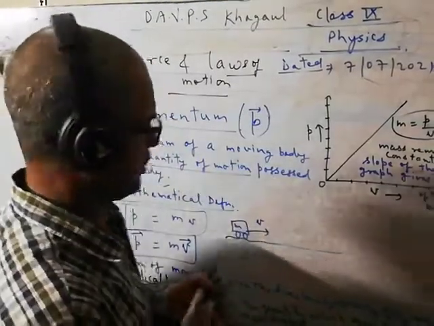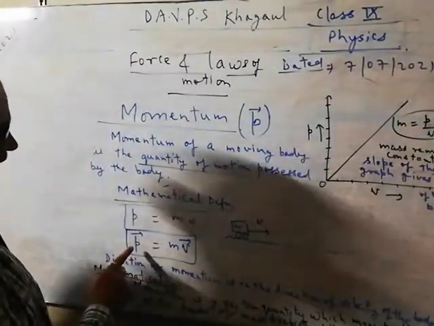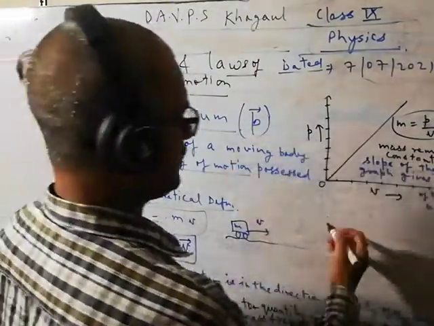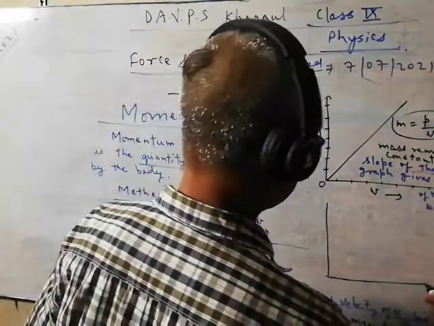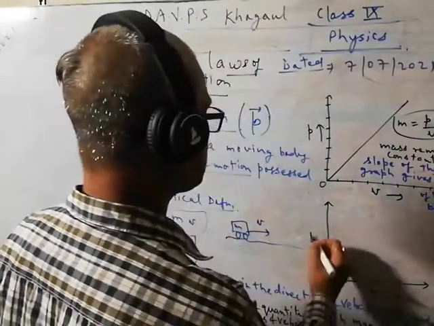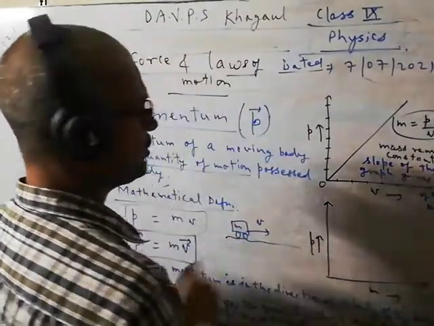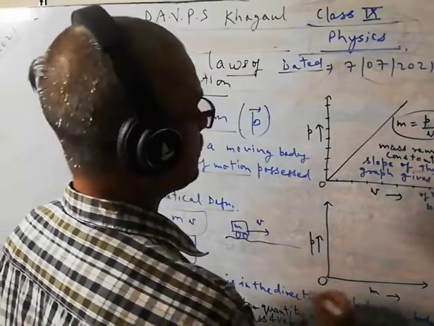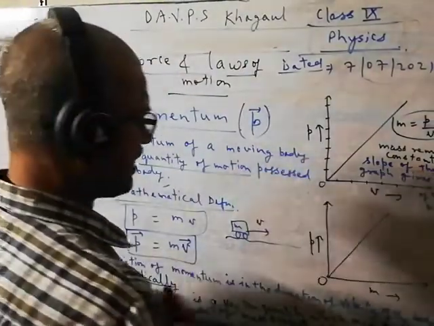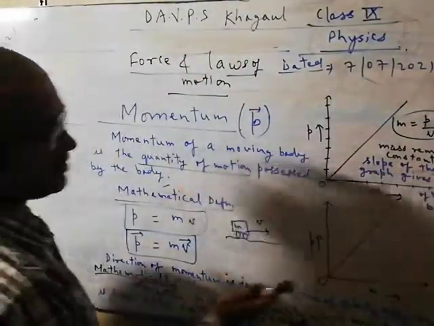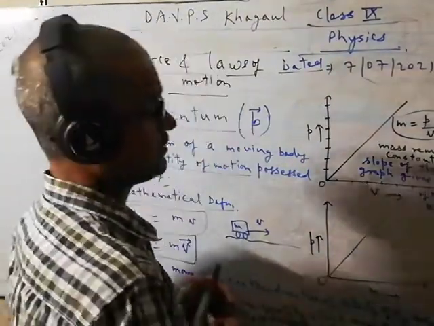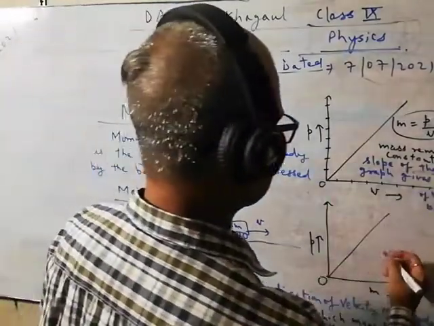Another graph is the M and P graph, the variation of momentum with mass. In this graph, if mass increases, then momentum also increases, and here velocity is constant.